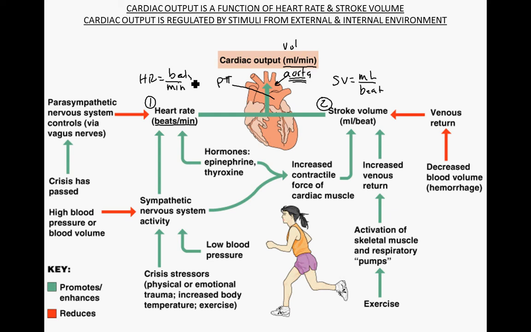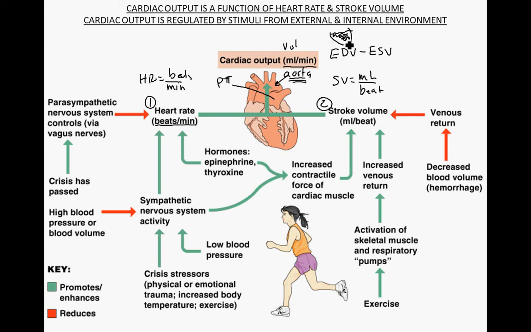Now, to get a little more technical, this stroke volume can also be defined as the end diastolic volume minus the end systolic volume. So this end diastolic volume is how much blood is in the ventricle at the end of diastole. So remember that diastole, that ventricle is going to be as full as possible with blood, right?